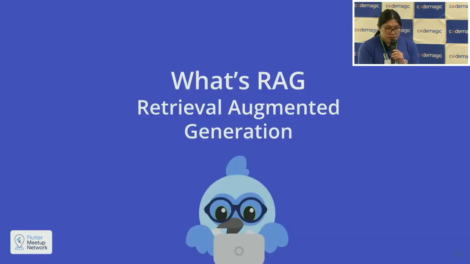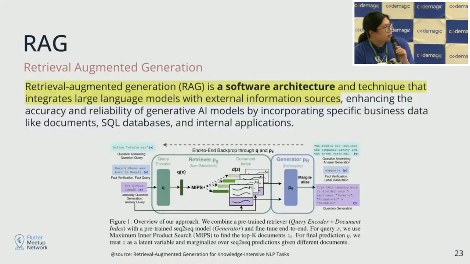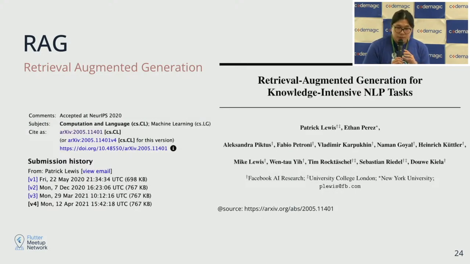Now let's talk about RAG. Retrieval-Augmented Generation, or RAG, is a software architecture and technique. RAG is a technology proposed by Patrick Lewis, who was working at Meta at the time.